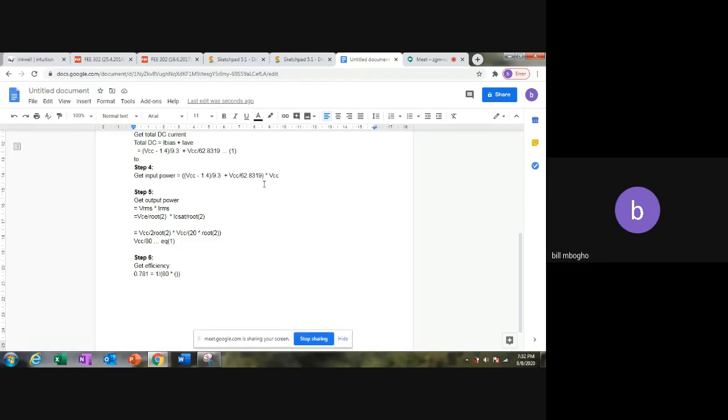The denominator is going to be 1 over plus 1 over 0.12 as a fraction. 1 over 8.1.